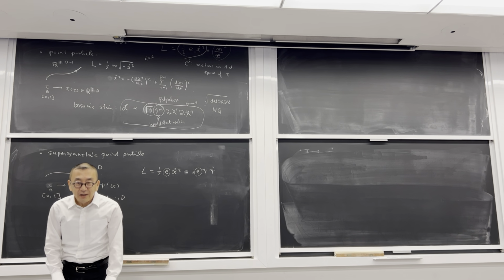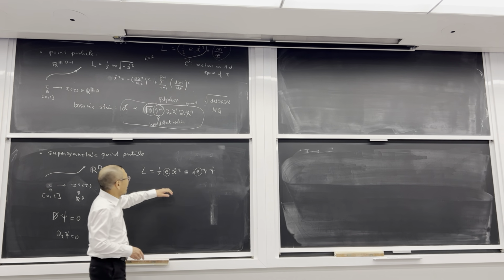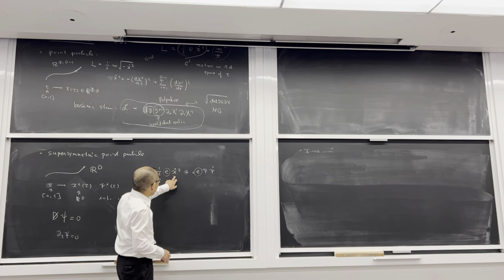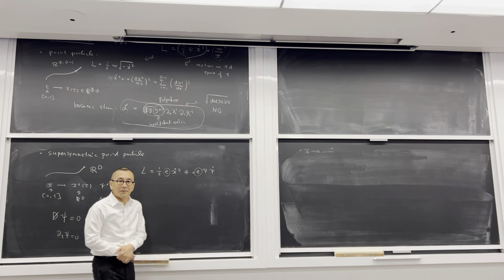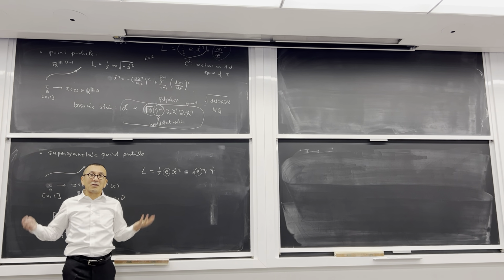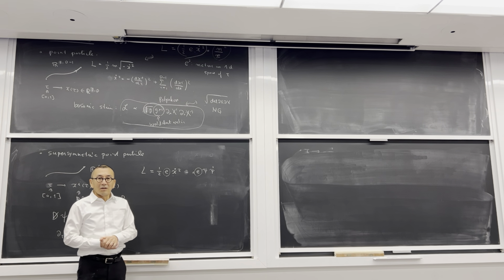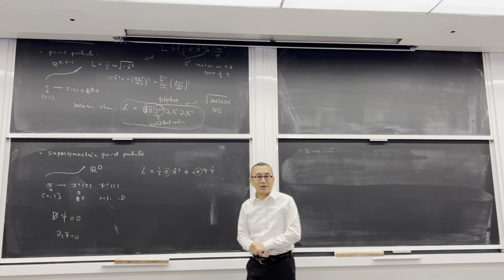So we are actually considering a one-dimensional gravitational theory. And x is a bosonic variable of this gravitational theory, and psi is a fermionic variable of the theory. But the metric is a bosonic variable. So the metric also needs a superpartner to make the whole thing supersymmetric.